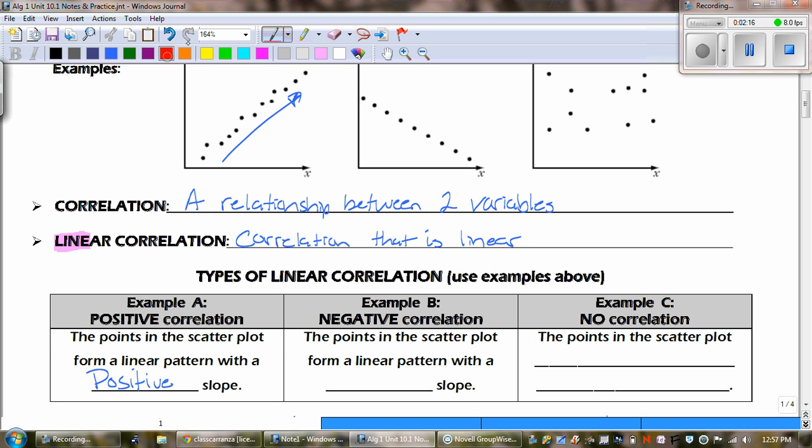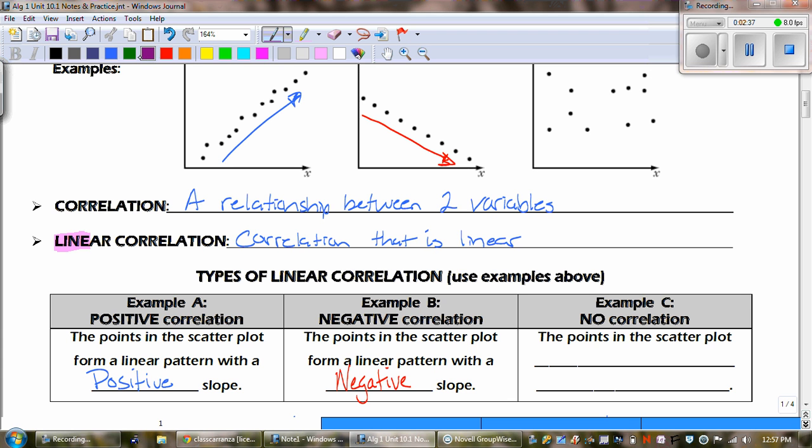Now, example B is a negative correlation. You can tell that that's going down. So the points in a scatter plot form a linear pattern with a negative slope. And example C is one of no correlation.